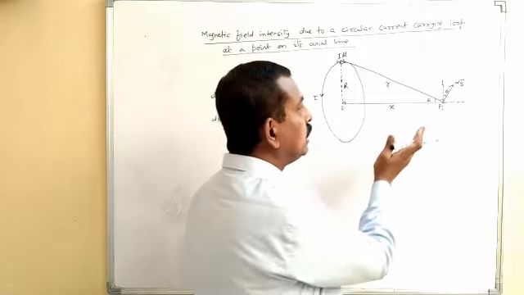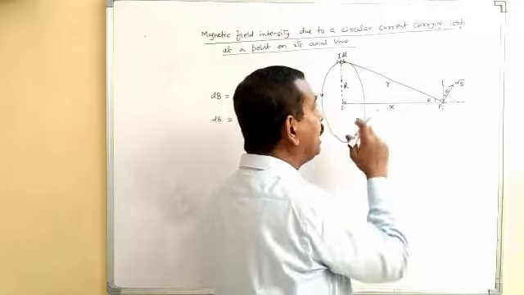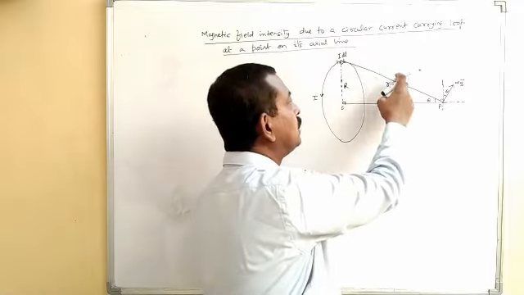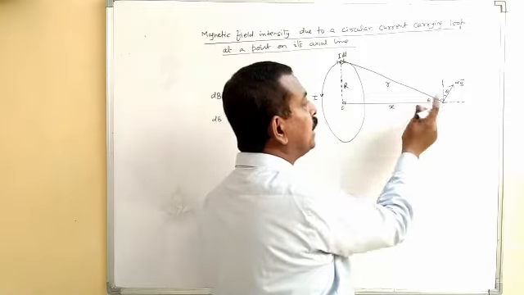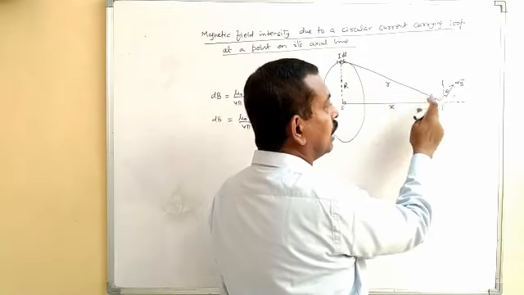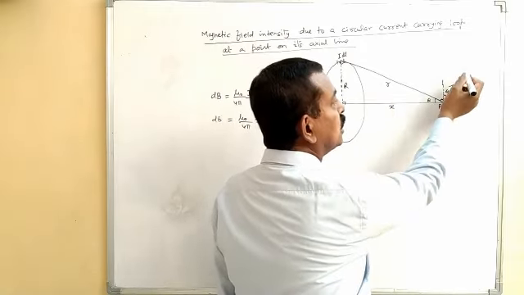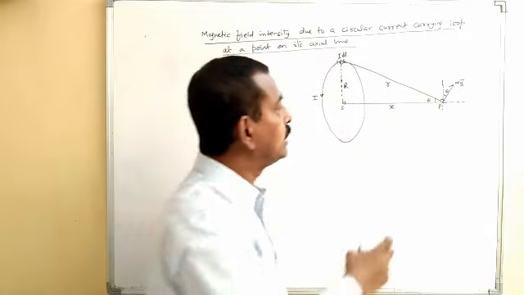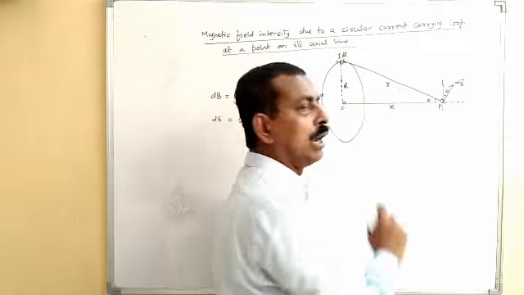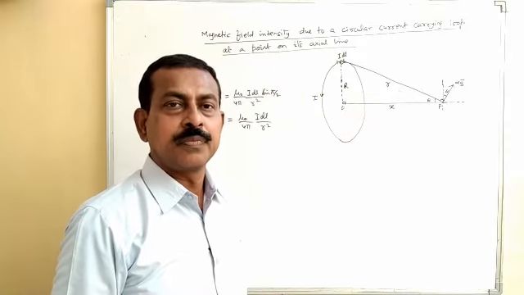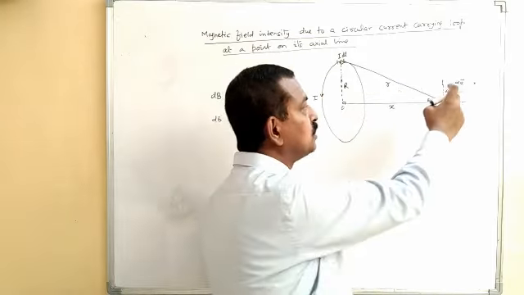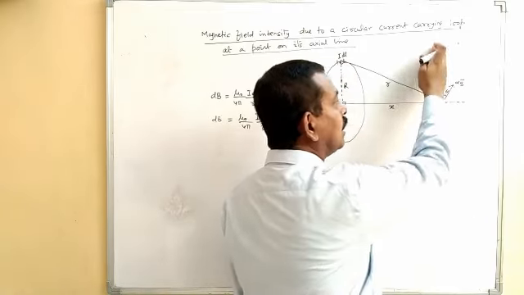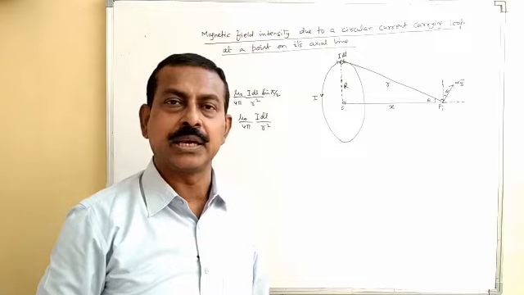Now this dB will be in this direction. Why? Again, it will be given by the cross product of the current element and this r, so it has to be perpendicular to this r. So we have shown it in this direction as dB, which is at 90 degrees to r. We can resolve this dB in two directions, one along the axial line and the other perpendicular to the axial line.